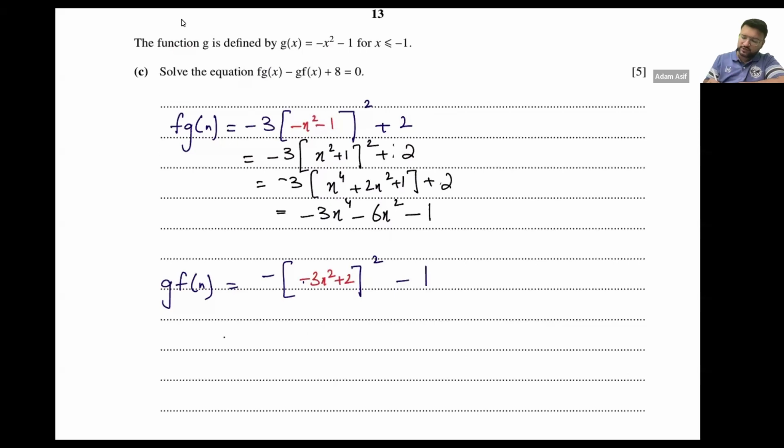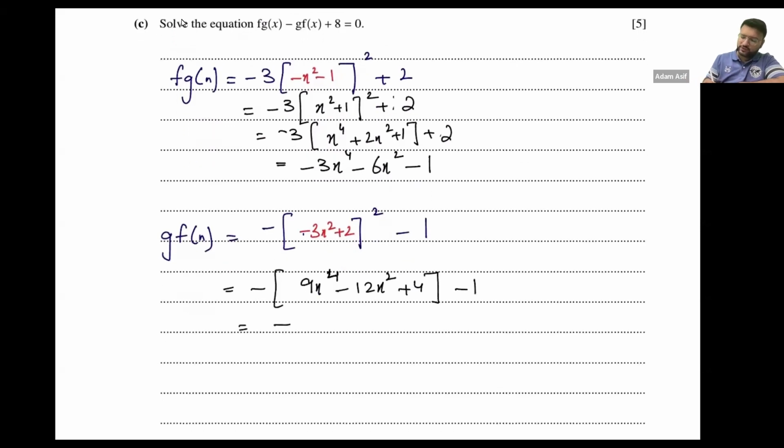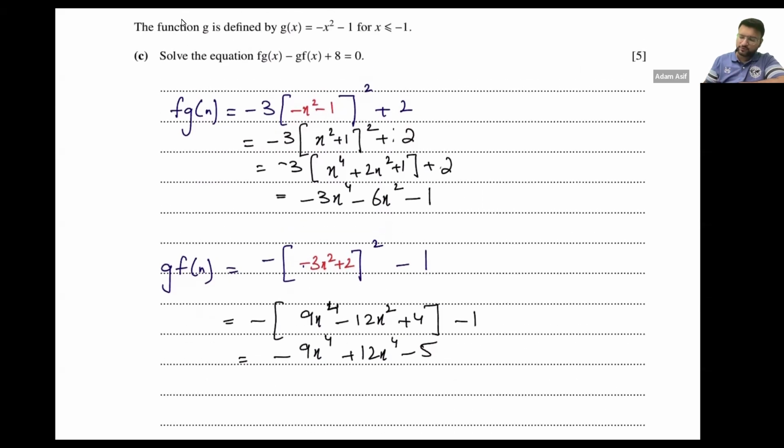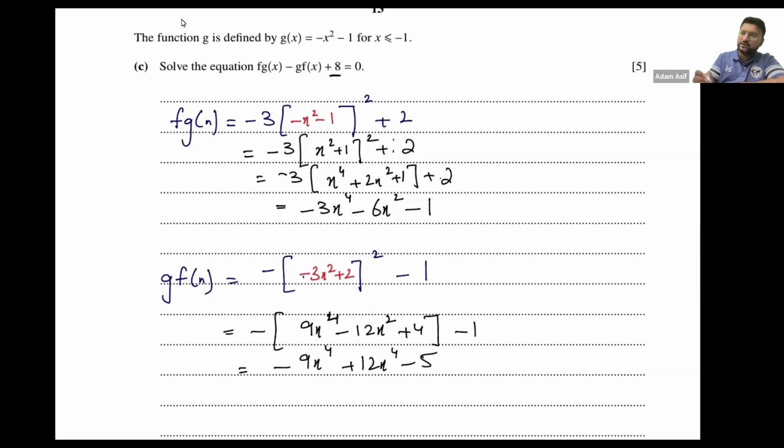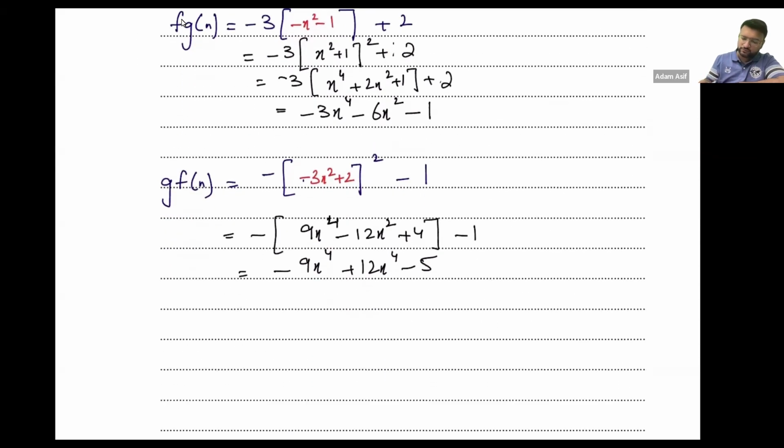Now simplify gf of x. That's going to be 9x to the power 4 minus 12x square plus 4. You simplify this, you get minus 9x to the power 4 plus 12x square minus 4 minus 1, minus 5. ठीक है, अब क्या करना है? We need to take the difference and add 8 and equate it to 0.